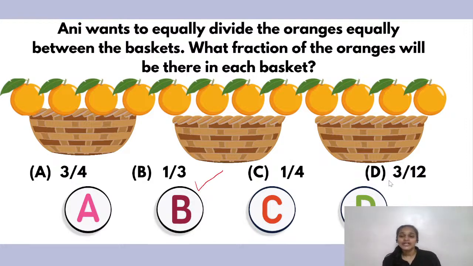So let me show you what we have calculated. When we divide these oranges into 3 parts, let's put them into this box, this is my second box, and this is my third.